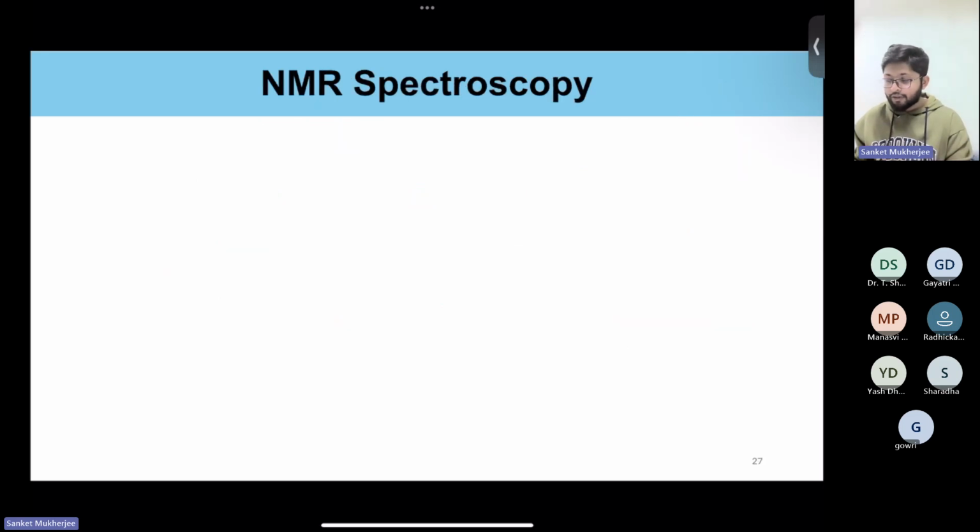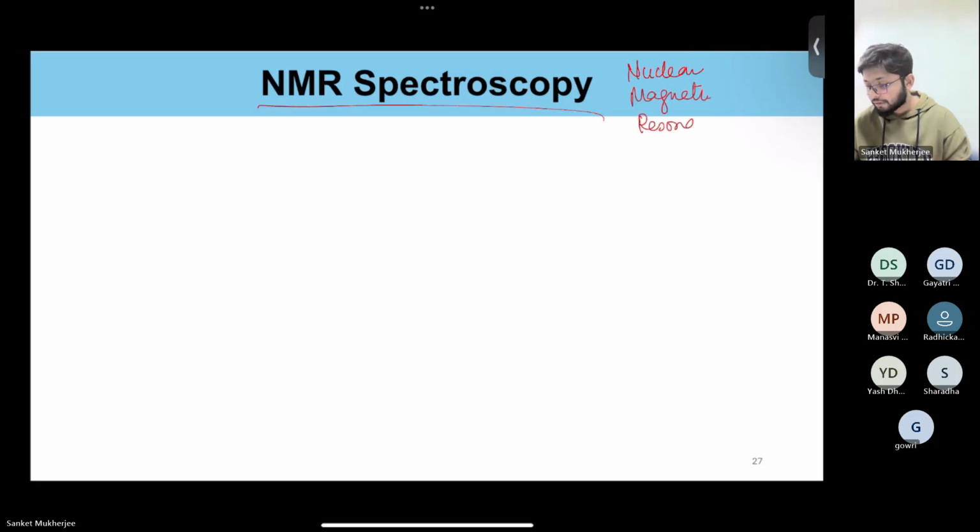Another way of going for a solution of a protein structure is NMR spectroscopy, that is nuclear magnetic resonance. So it measures the atomic distance between nuclei, basically.